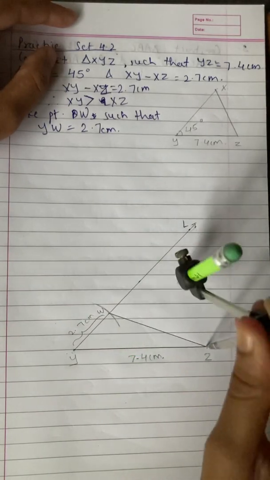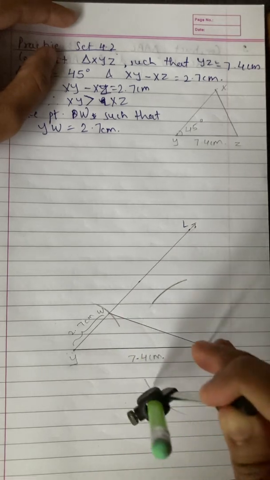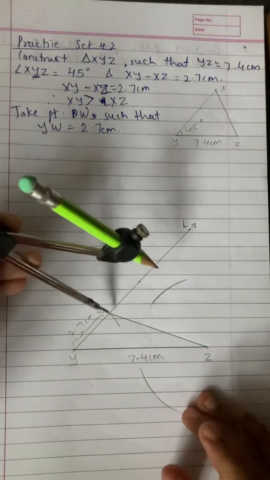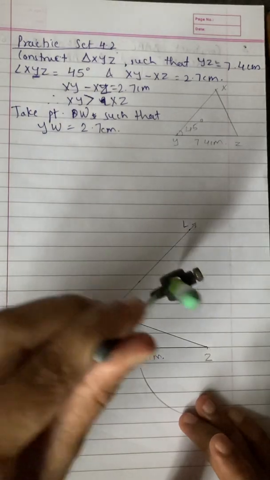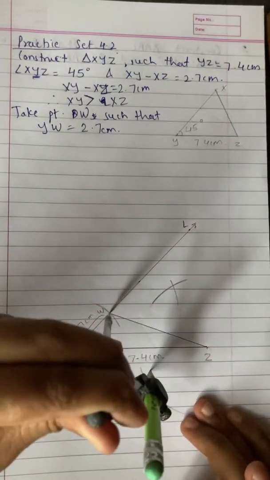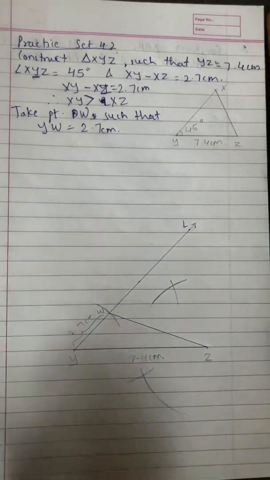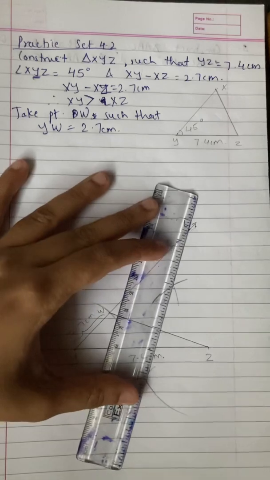Take more than half distance and draw an arc up and down. Now keep at point W, up and down. We'll get 2 points of intersection. We have to pass a ray.